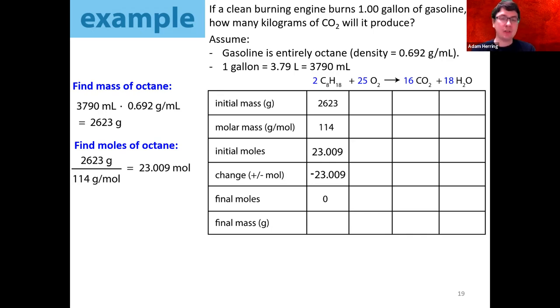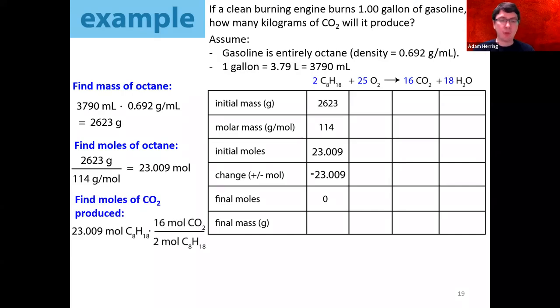Now, notice that it's not a 1-to-1 ratio of octane to carbon dioxide. So we need to multiply by that ratio in order to find the number of moles of carbon dioxide actually produced. So we take our 23 moles of octane and multiply by the stoichiometric ratio, the coefficients from the balanced chemical equation.